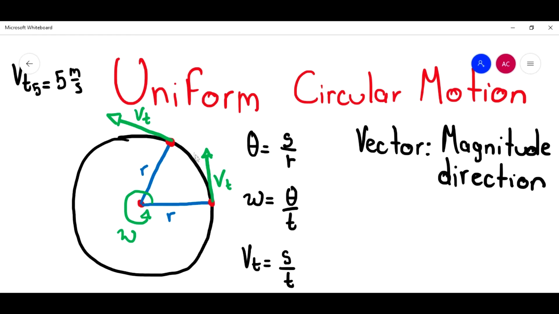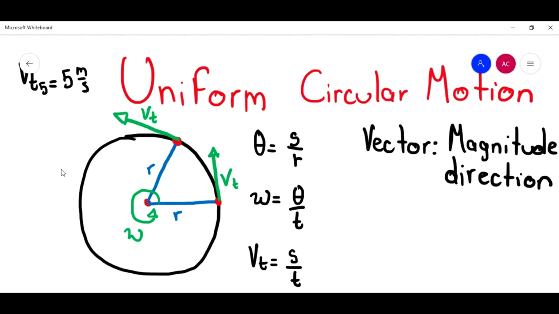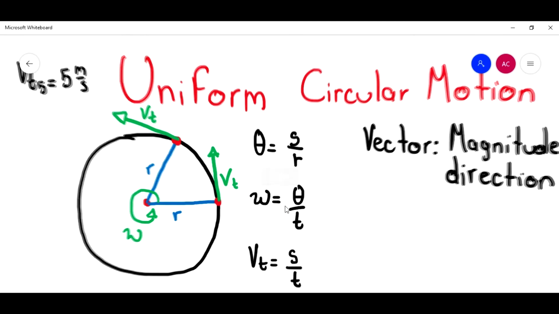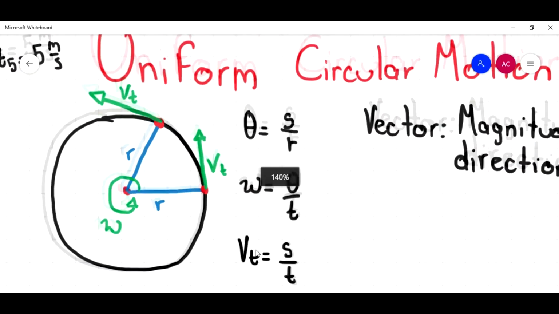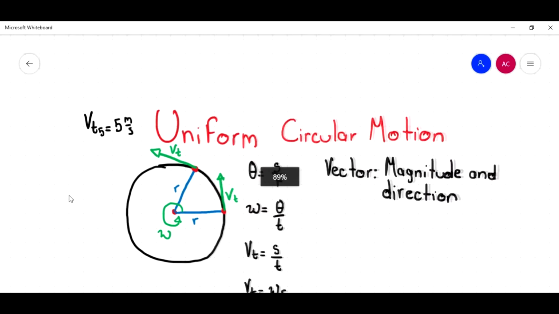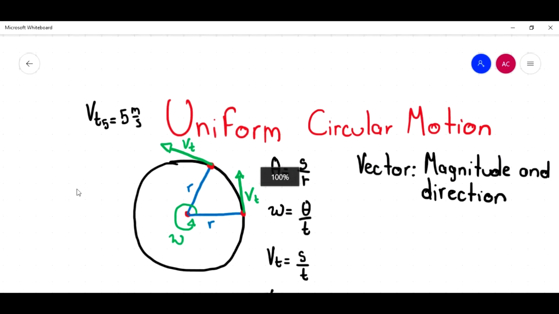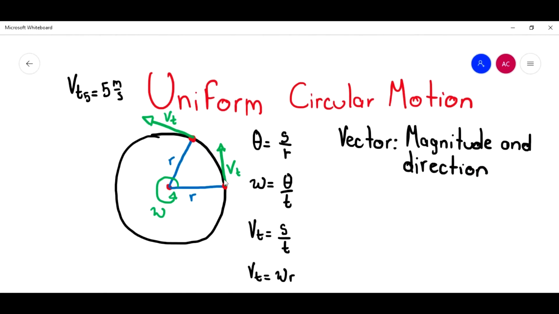We mentioned in the previous video that it was going to be a uniform circular motion, so the angular velocity is constant and the tangential velocity is constant. That means the velocity of the fifth cyclist is the same all the way.